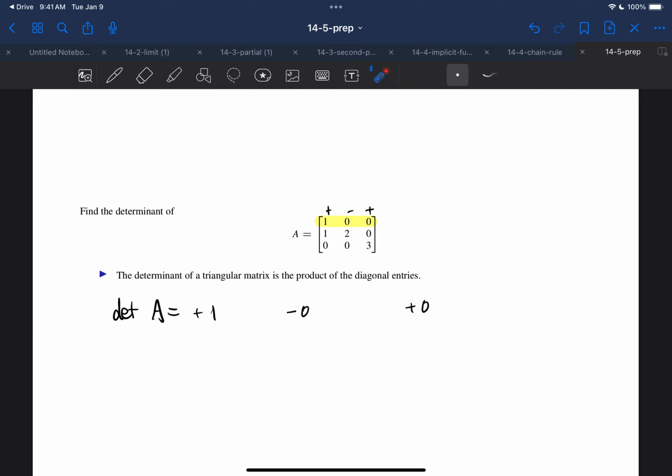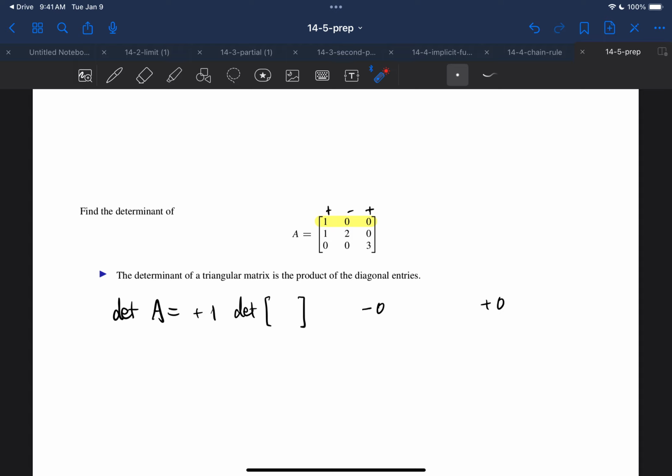So I put the first row entries in my expansion, and then its minor. What is a minor? The determinant of the rest of them.